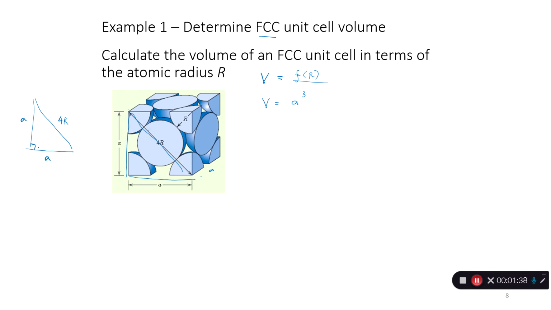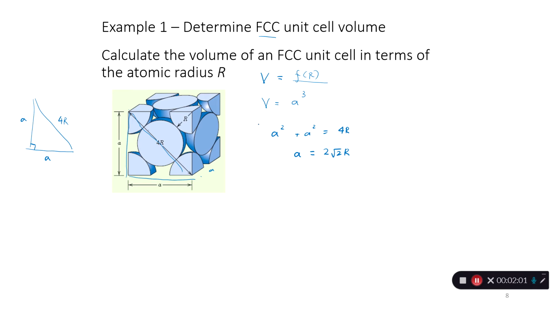And of course this is 90 degrees, and from this relation a squared plus a squared equals (4r) squared, and I believe I've shown it in that video, a equals 2 square root 2 r. Of course you can pause and try to work this out yourself, that will be great.